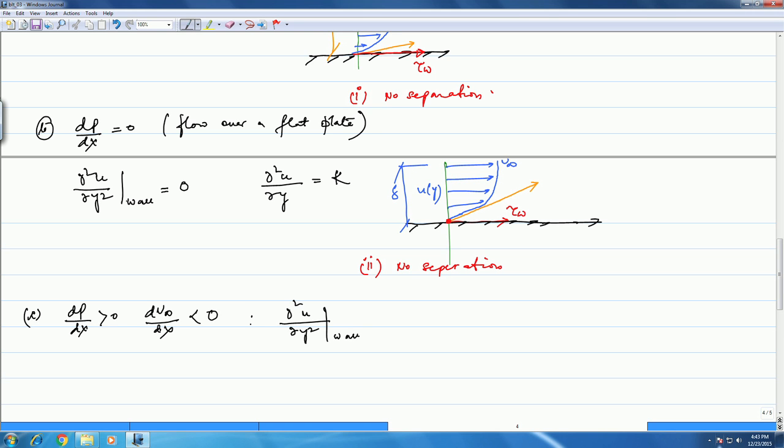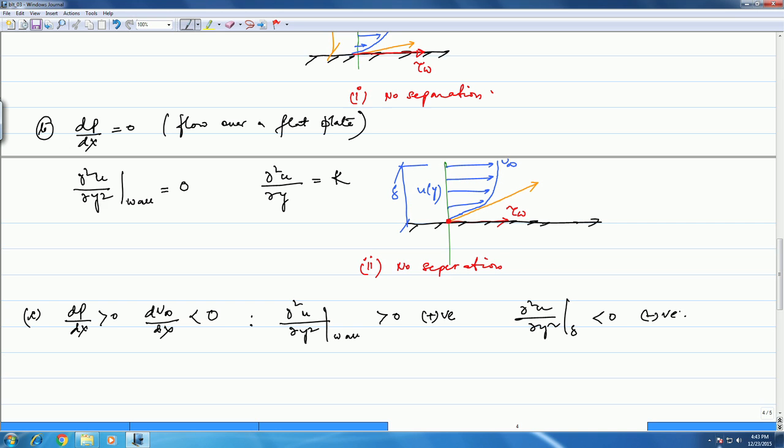So now in this case, as you can see, del 2u del y2 at the wall is actually positive, and we know that del 2u del y2 at the edge of the boundary layer is negative.